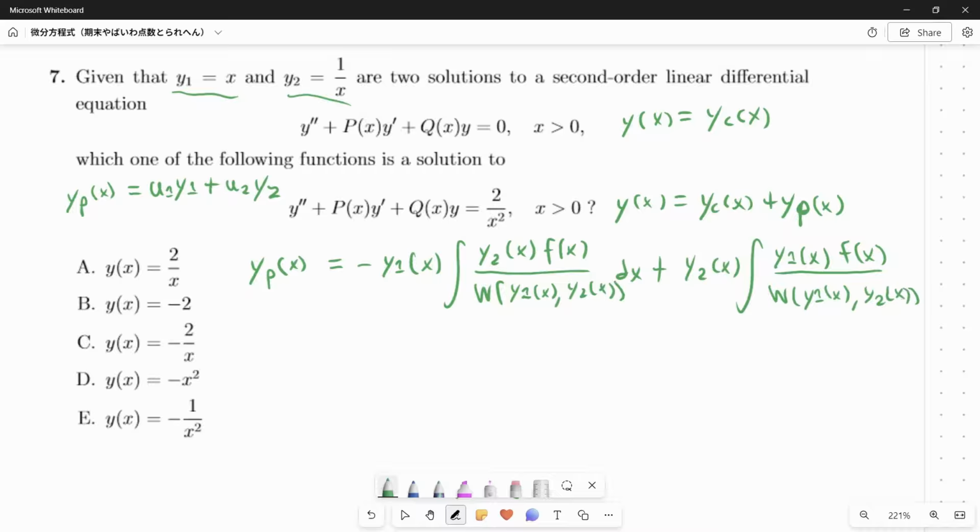And once we have all the information that we need for this formula, just evaluating it will give us a solution to this question.